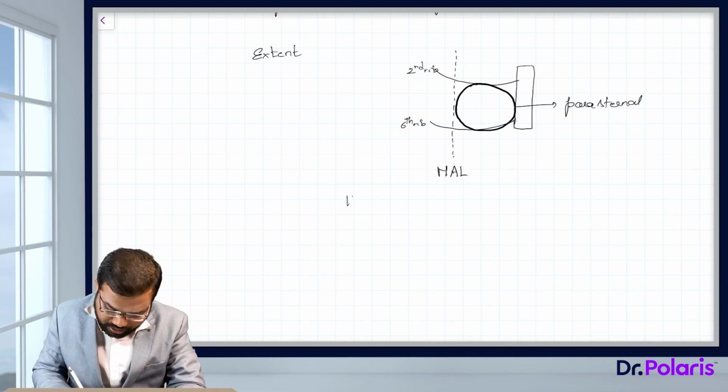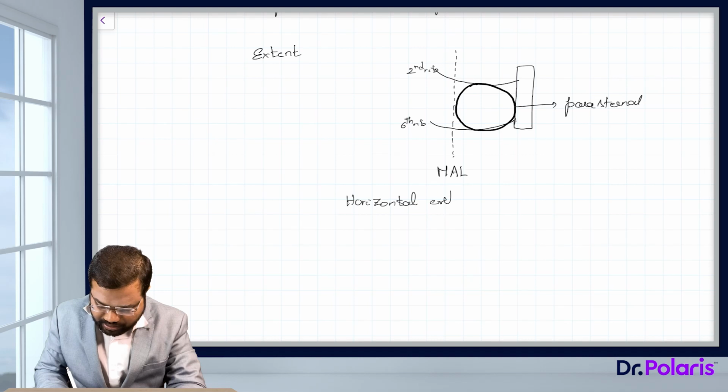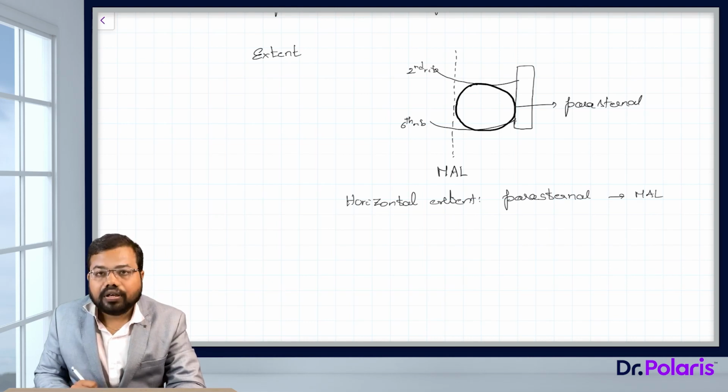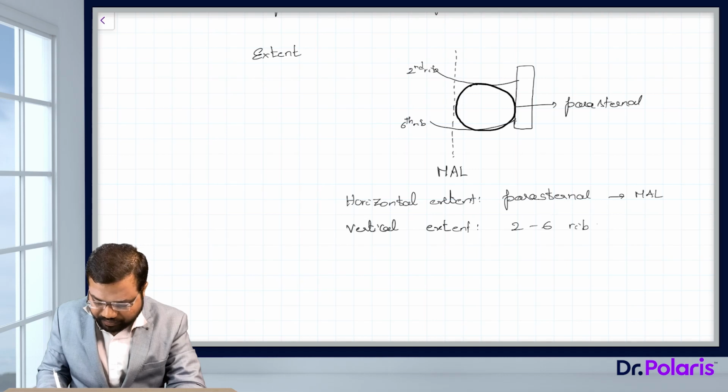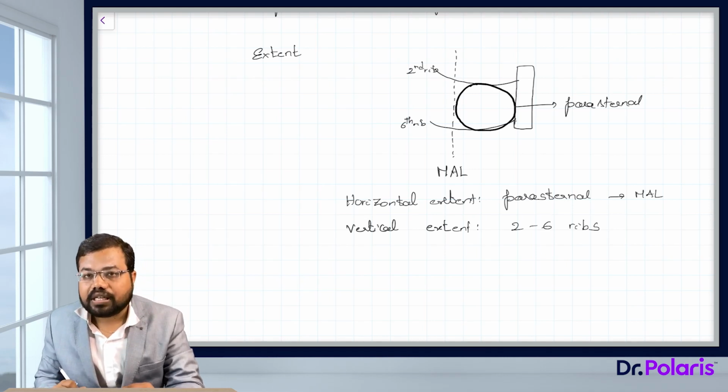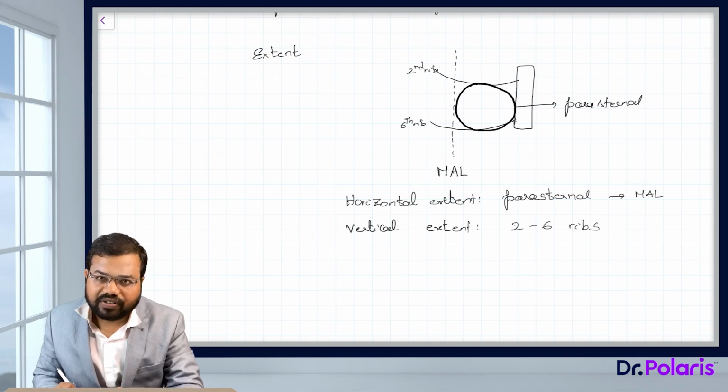So the horizontal extent is from the parasternal position towards the mid-axillary line, whereas the vertical extent is from the second to sixth ribs. Okay, it's not the intercostal spaces, I am specifying it is the ribs. So from the second to sixth ribs is the vertical extent of this.